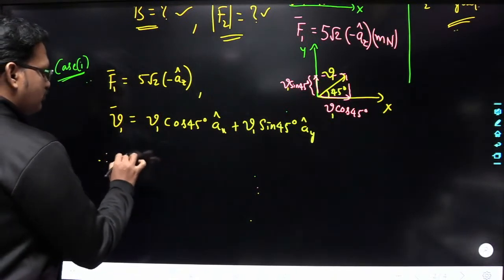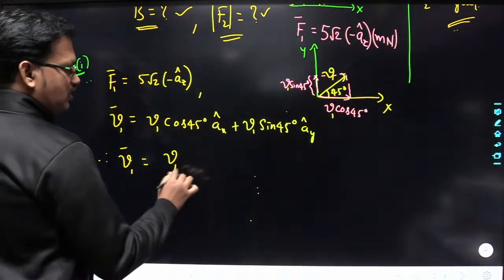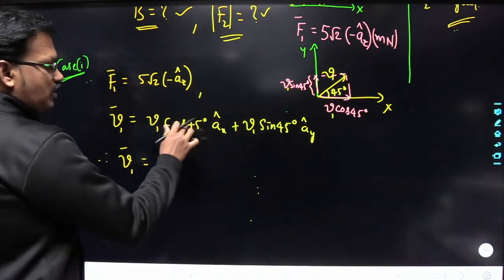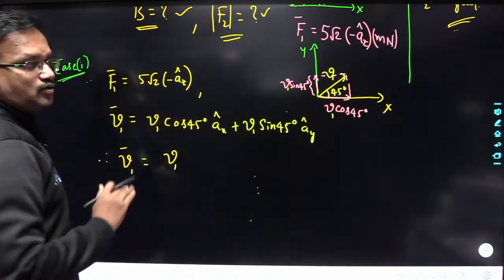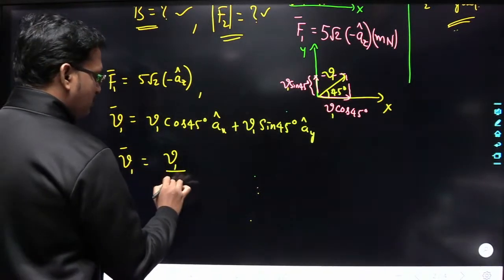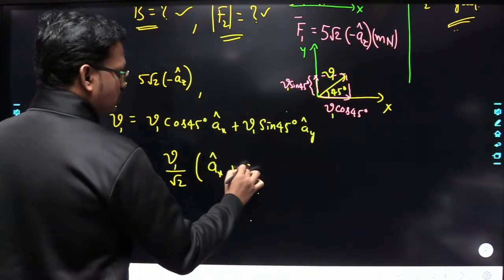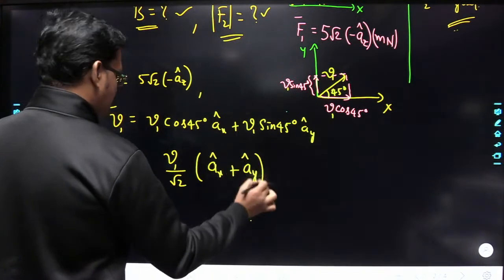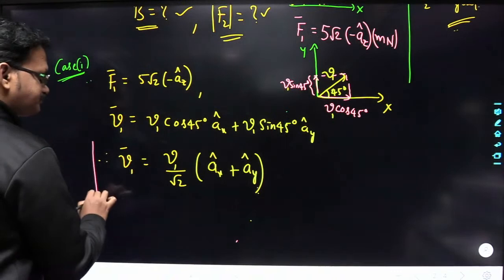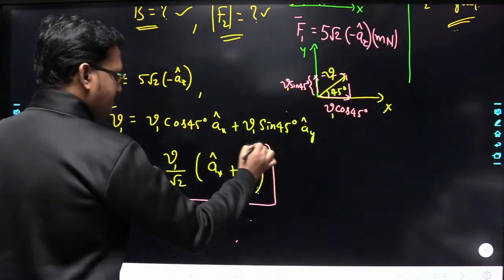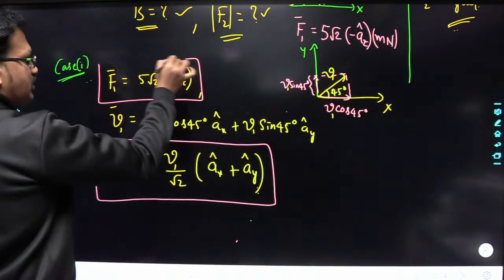I can take V1 common. Cos 45 is 1 by root 2, and here also you get 1 by root 2, so I can take V1 by root 2 common into AX cap plus AY cap. So this is nothing but V1 bar, and this is nothing but F1 bar.